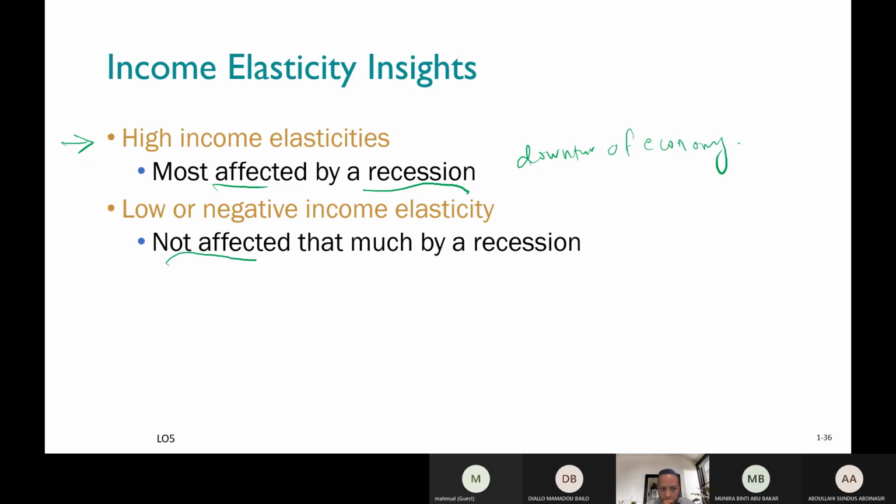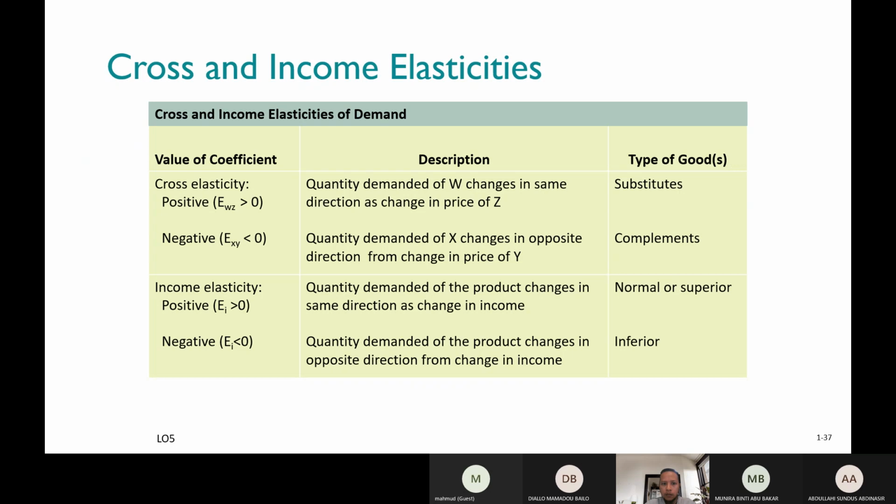Okay, so if you have low income elasticity, changes to the income will not affect your quantity demanded. If you have high income elasticity, the change would affect your quantity demanded. Okay, so this is the application, and this is basically the summary in terms of the cross price elasticity and income elasticity.